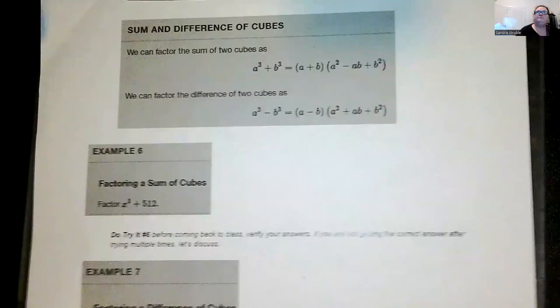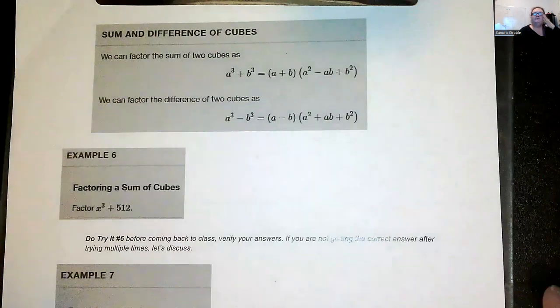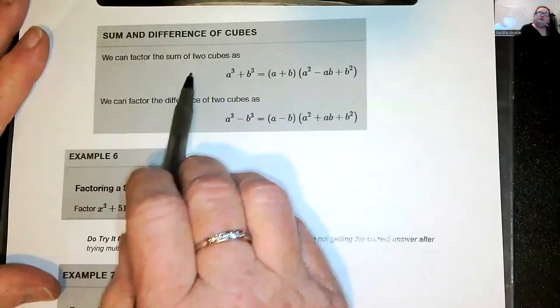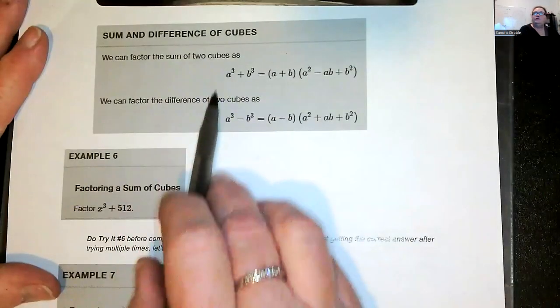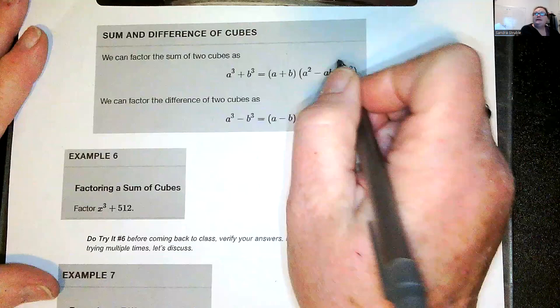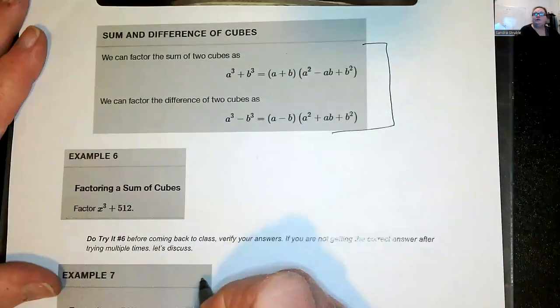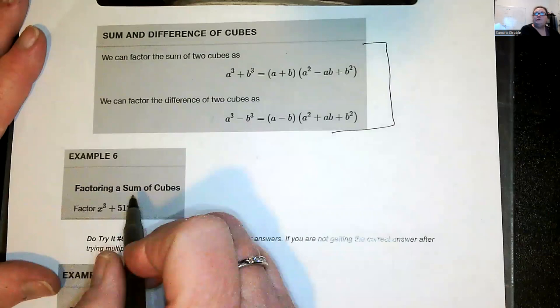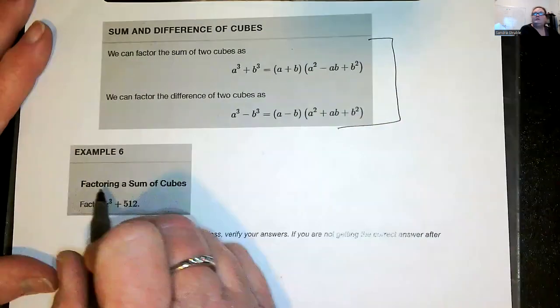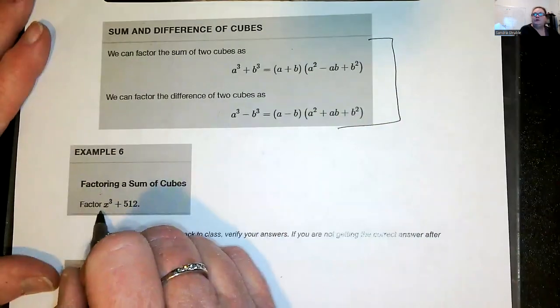All right, last page for 1.5. And yes, I'm going fast through this because I've already lectured on it in class, and you can pause and rewind. Good stuff. So we can factor the sum of 2 cubes by using these 2 formulas. Please ensure that you have these in your notes so that when you're doing your homework, you can follow along. I'm just going to start with factoring the sum of 2 cubes.